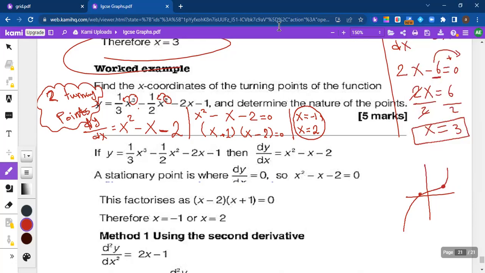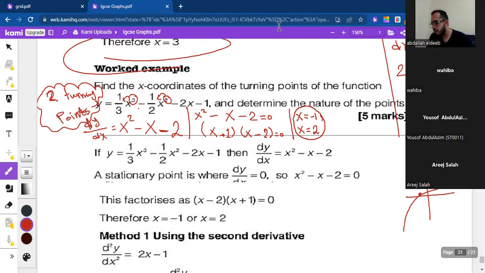What do you mean by derivative? Derivative is dy by dx. Like you multiply by the power and subtract 1 from the power. We have this one: dy by dx is x squared minus x minus 2.